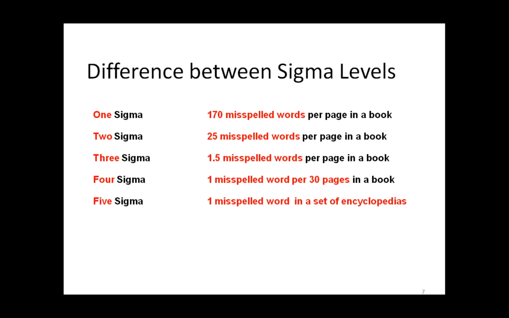So the measure becomes more and more tough. And ultimately, when we come to 6 sigma, we say one misspelled word in all the books in a small library. So this is just a layman perspective of what sigma levels would mean when we work through the improvement process.